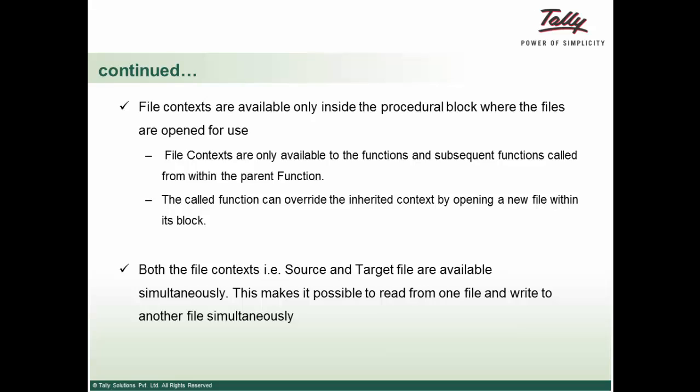So I have a function which has opened file 1 in a read mode. Then it can call a function within the function which will open the same file in a write mode. So now for function 2, file 1 is the target file, but for function 1 it is still a source file.